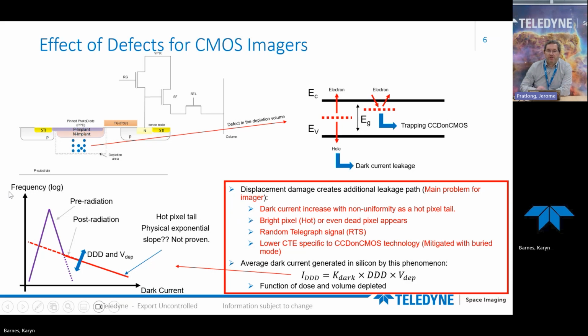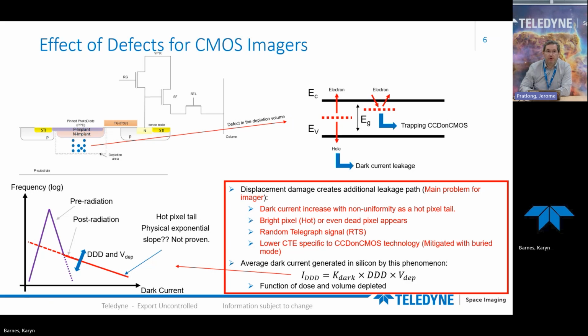The usual representation of a dark current is a frequency log versus dark current. In purple, we've got the pre-radiation simplified representation, where we expect to have a normal distribution with a peak that corresponds to the maximum mean dark current.